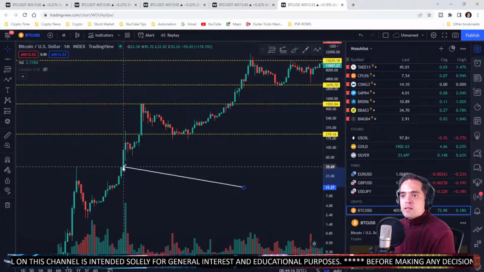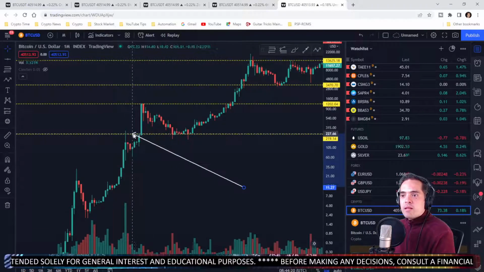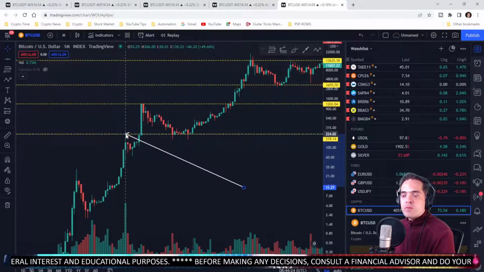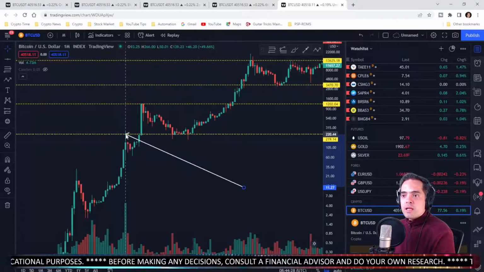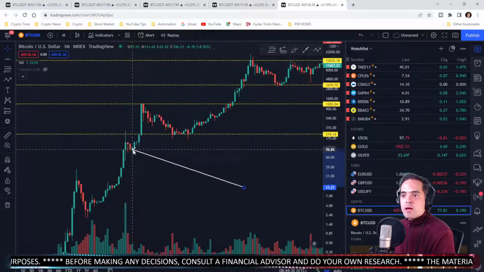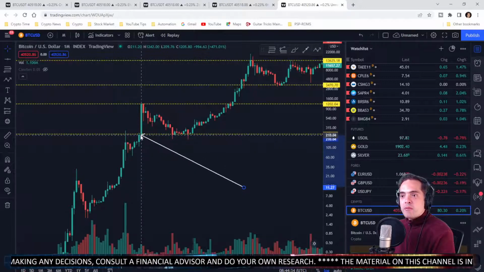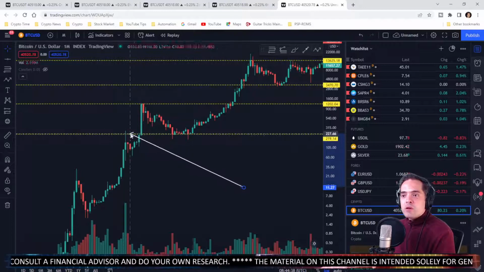So the price is going up and finds that zone here. So this zone now is a resistance. The price reaches that zone and goes back down, like a pullback, and goes up again, and for the second or third time tries to retest that zone.